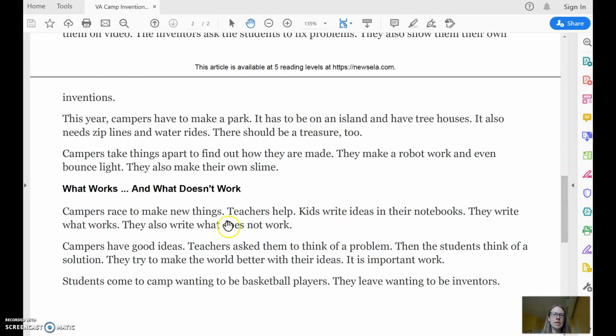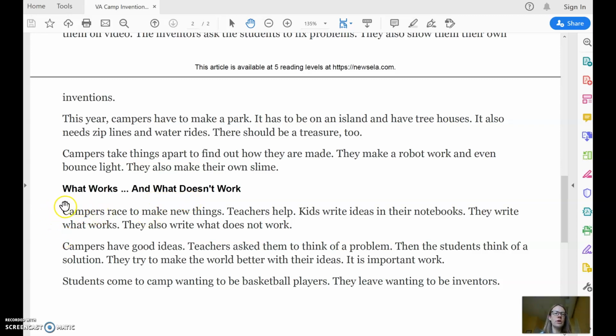The next section, the heading is, read it with me, what works and what doesn't work. So the heading, the dark words, tells me that this section will be about the kids learning what works and what does not work.